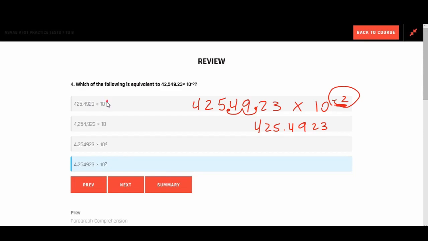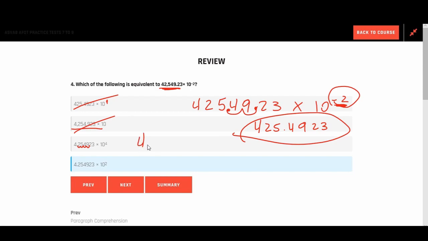Anything times 10 to the 1 is just going to be itself, so this is not the right answer choice. Again, this is 4 million. That's not right. Times 10 to the 4th, well, when it was negative, we moved it to the left. Since it's positive, we move it to the right. 1, 2, 3, 4. This gets us this number, which is not this.